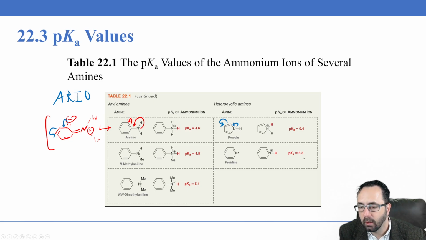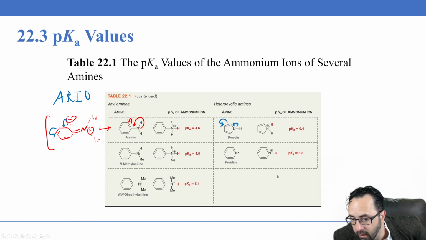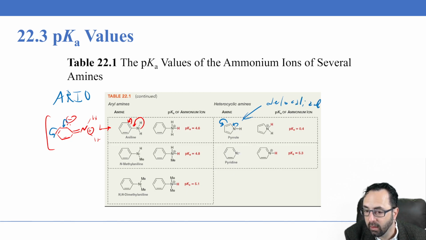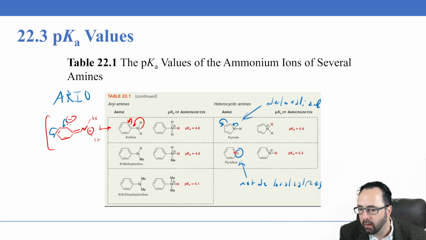Likewise with pyridine, you get a pretty low pKa of around 5. If you notice the difference here, the reason why is because this lone pair is delocalized, but this lone pair is not delocalized. The quick way to pick that out is that when you see that nitrogen engaged in a double bond here, this is an sp2 hybridized nitrogen.